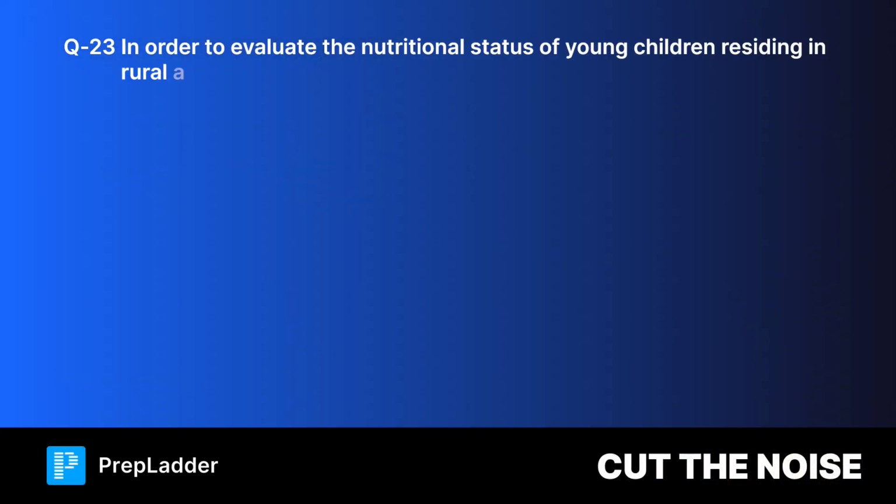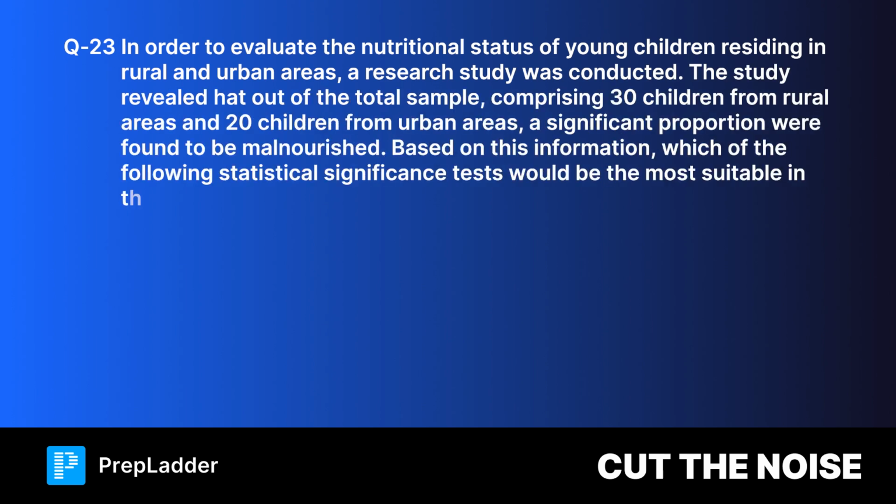Okay. Question 23. In order to evaluate the nutritional status of young children residing in rural and urban areas, a research study was conducted. The study revealed that out of the total sample, comprising 30 children from rural areas and 20 children from urban areas, a significant proportion were found to be malnourished. Based on this information, which of the following statistical significance tests would be the most suitable in this scenario?